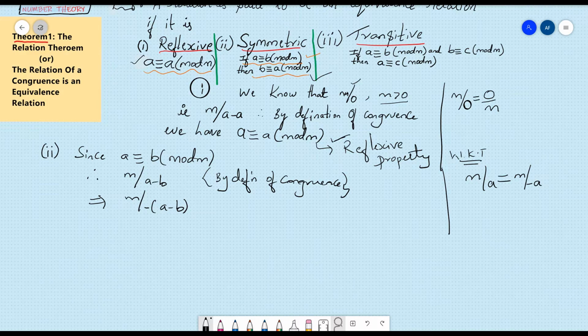The meaning is that if m divides a, it also divides minus a. So I can write the positive number where m divides that positive number, that is a minus b, some positive number. That implies m divides negative of a minus b by this particular property.